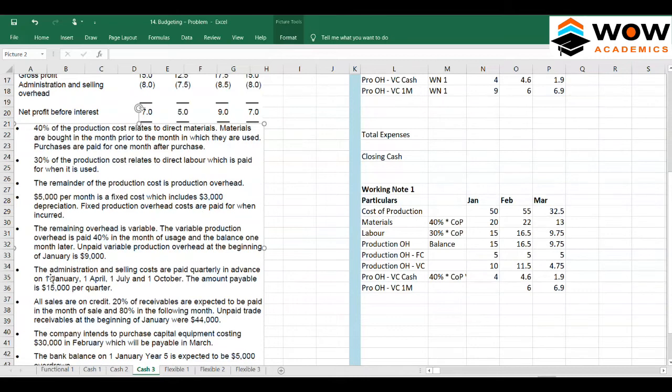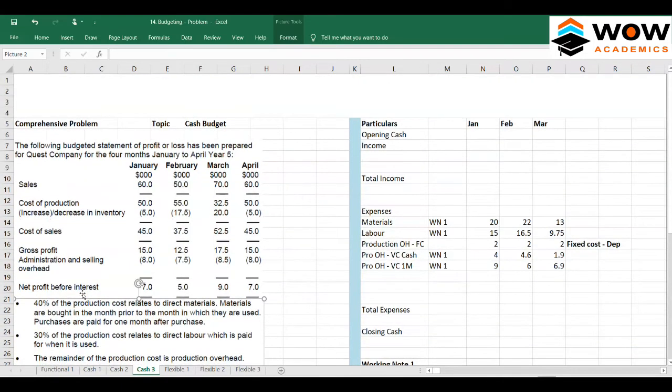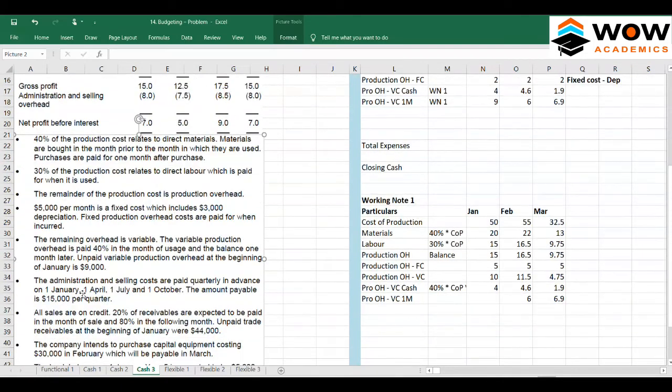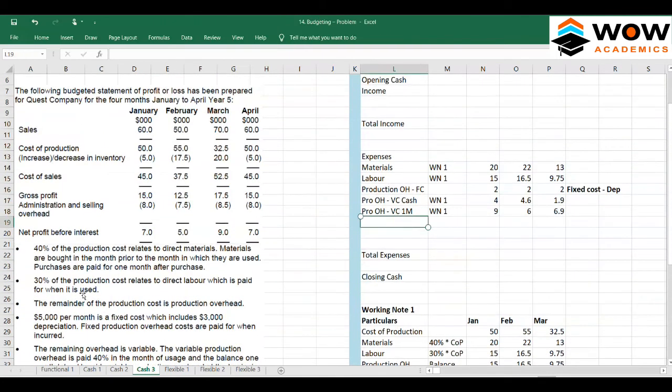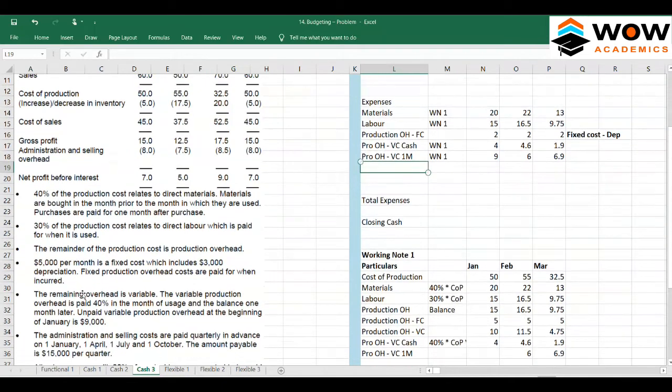We have the admin and selling cost, which are paid quarterly in advance on 1st January, April, July and October. The amount payable is 15,000 per quarter. So the only month that falls here is January 1. So on January 1 we have to pay 15 for admin overhead.